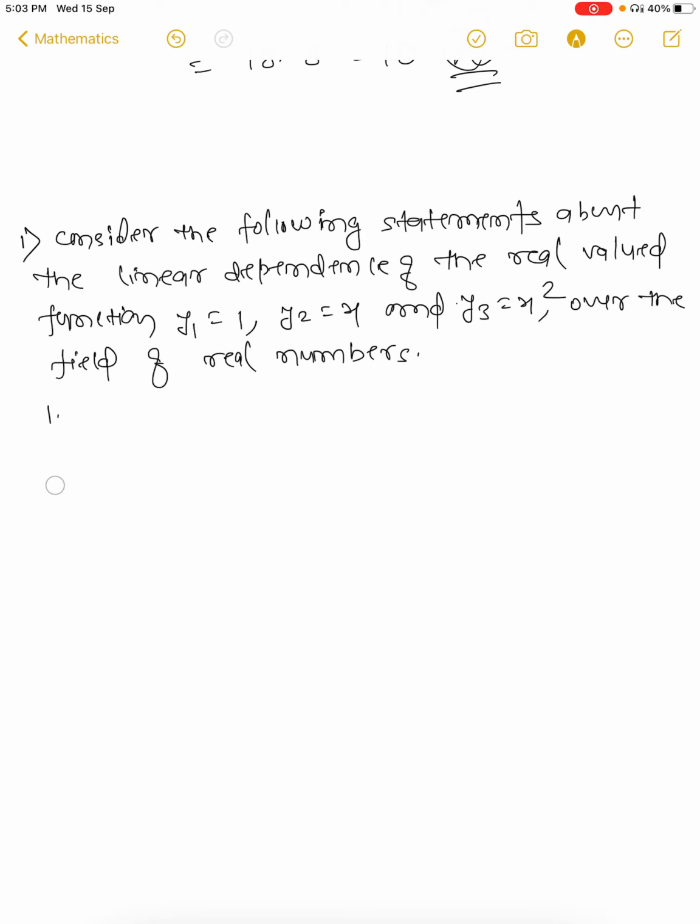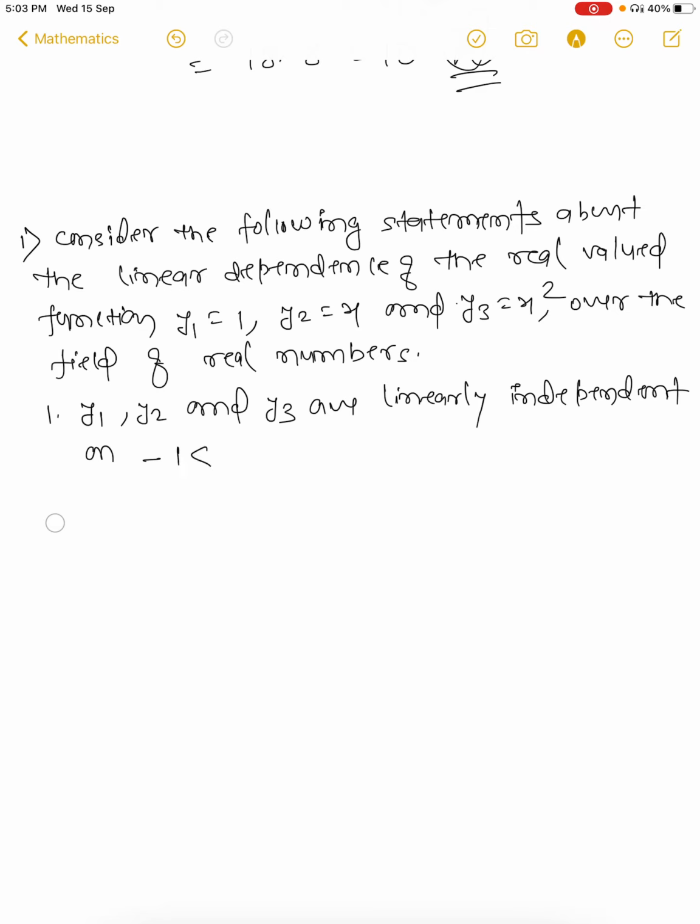The statement 1 is: y1, y2 and y3 are linearly independent on -1 to 0.